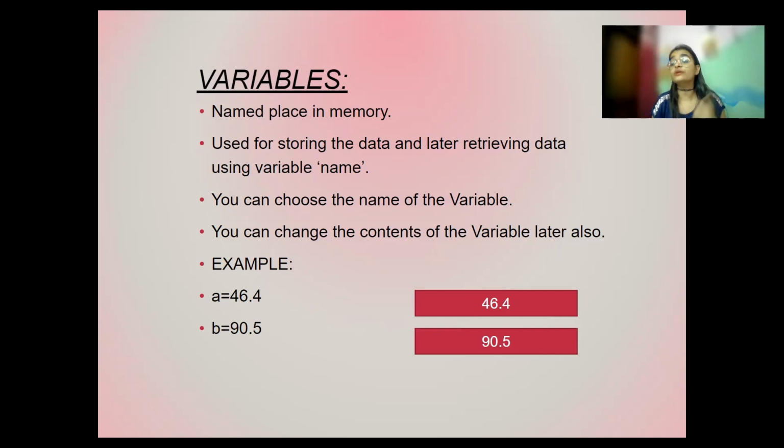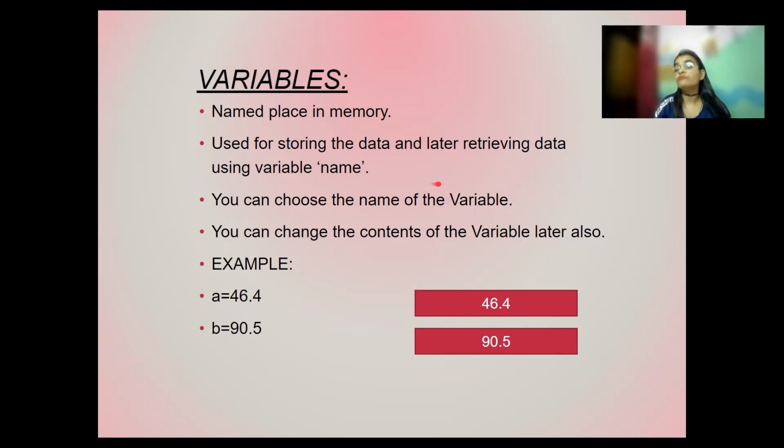We can also retrieve the data: if I print A in the next step, it will give me the value 46.4. And if I print B, it will give us 90.5 in the output.